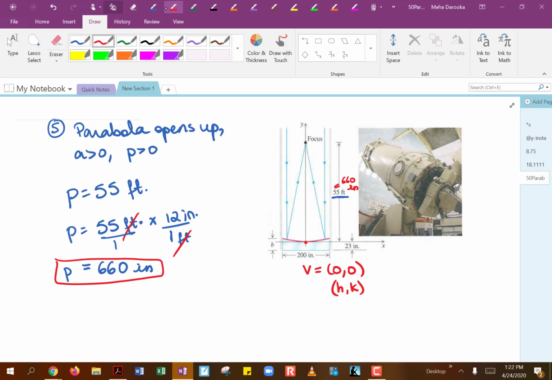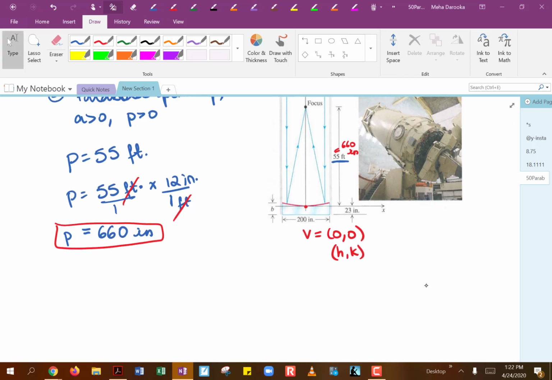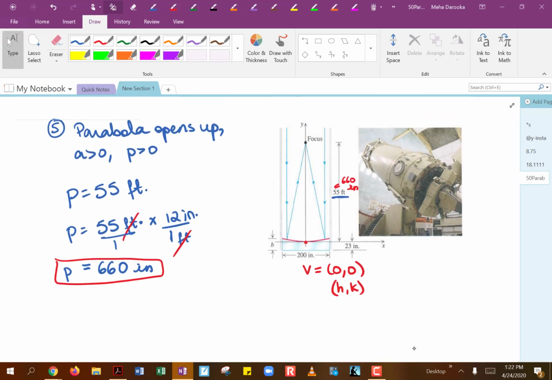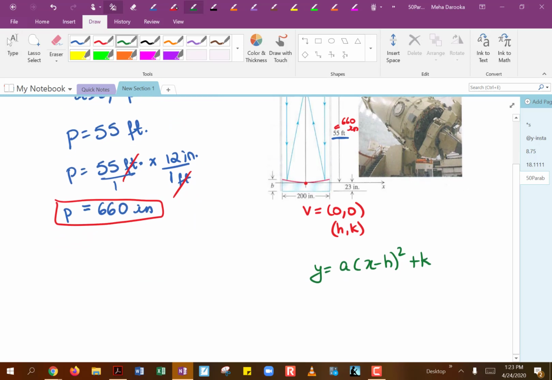So remember, they're asking us to come up with the equation of our parabola. For that, we need y equals a(x minus h) squared plus k. If our h and k values come from the vertex at (0, 0), since that's where we're placing our vertex, then we just need to find a.